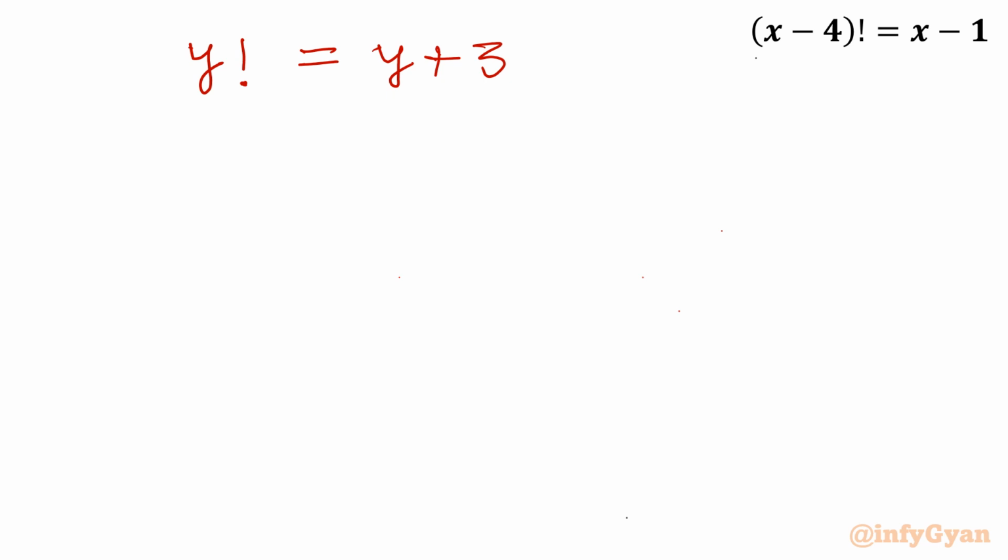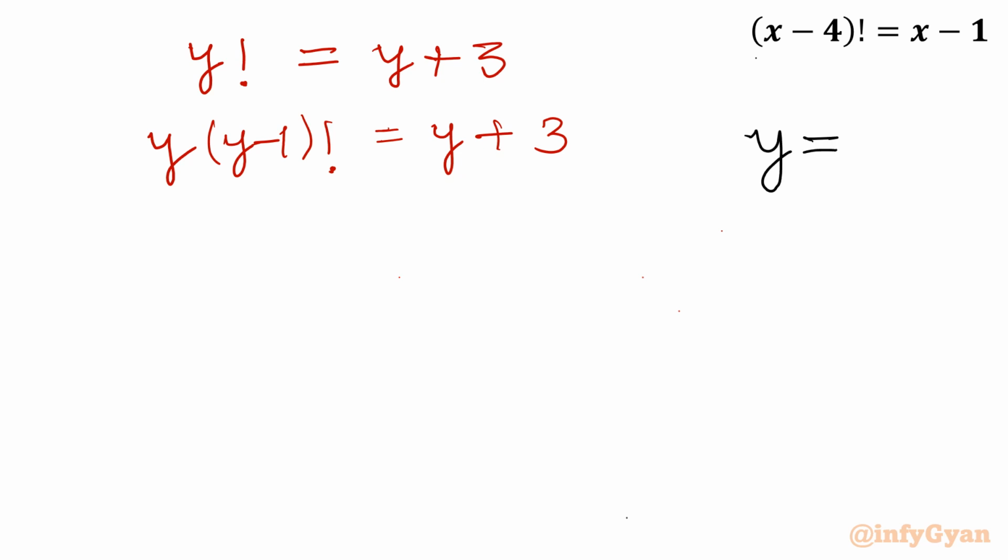Now I can consider the recursive formula once again: y times (y − 1)! will be equal to y + 3. Now I will divide this equation by y, considering y cannot be 0.